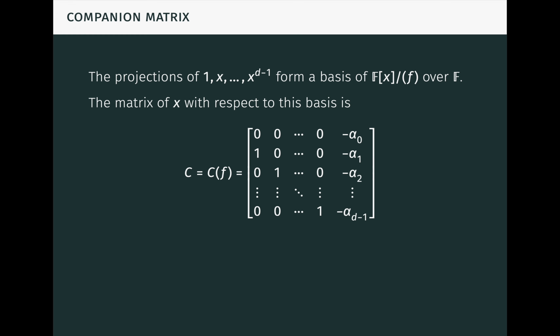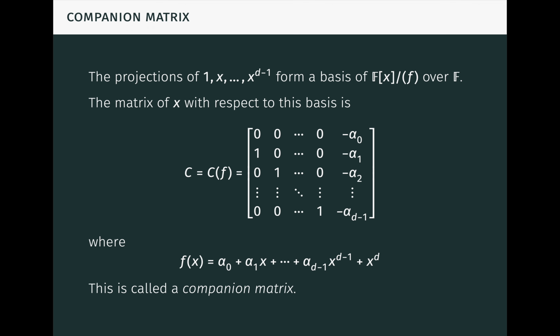It's also easy to see that the matrix of x with respect to this basis looks like this, where the entries in the last column come from the coefficients of the polynomial f. This is called the companion matrix of f, denoted C of f, or just C for short. Notice C is a d by d matrix, so it acts on the vector space F^d. If f is the constant polynomial 1, then d is 0, and the companion matrix is the empty matrix.